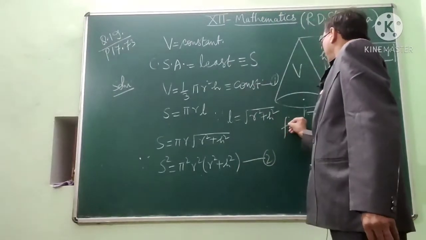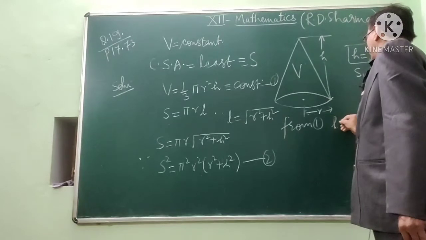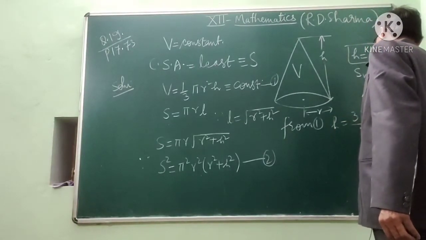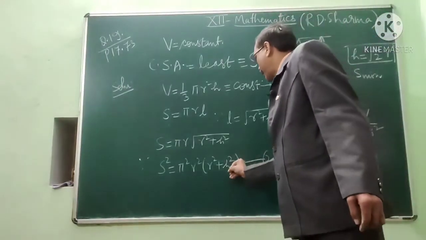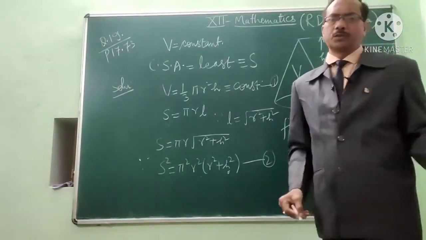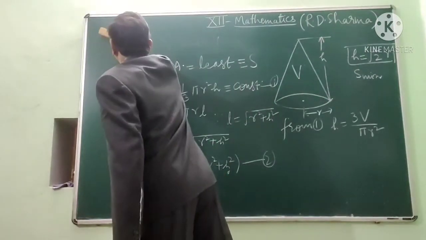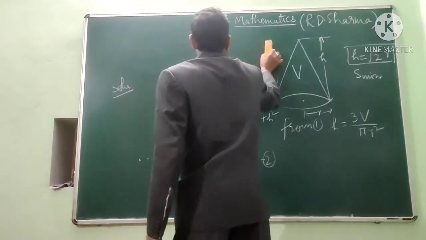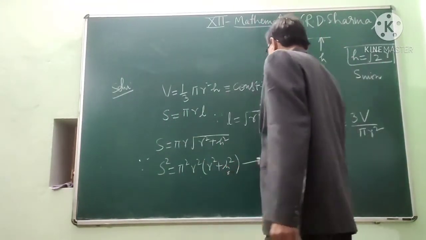From 1, the value of h is 3v upon pi r square. Now we will put the value of h here. Let s square be z.